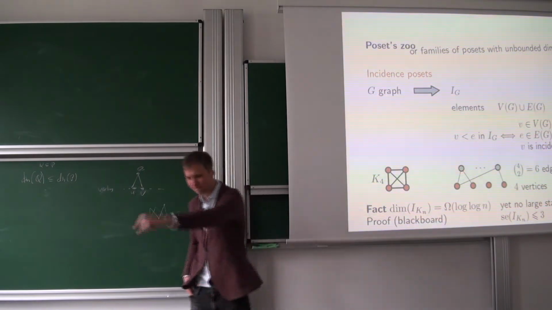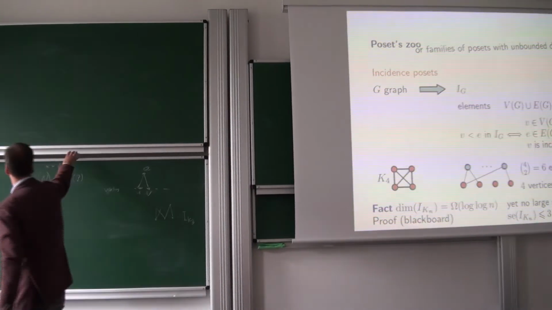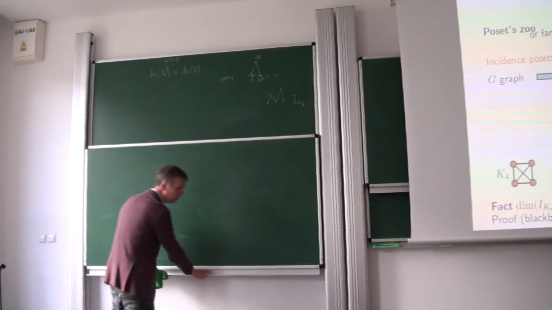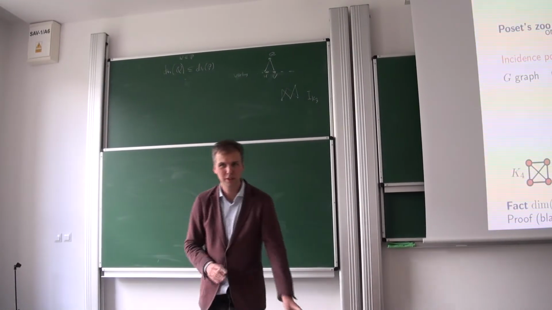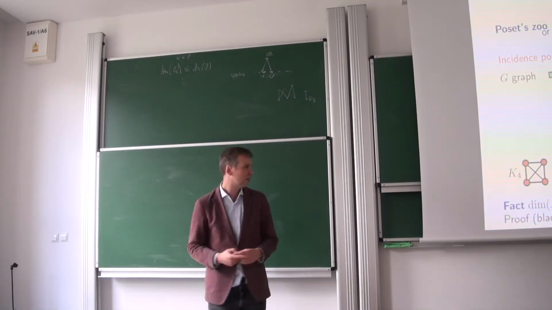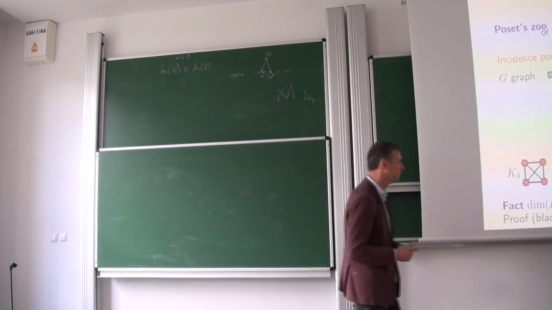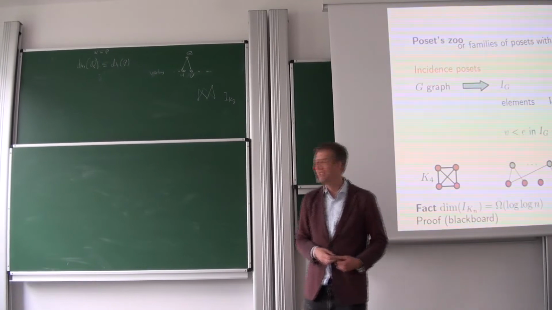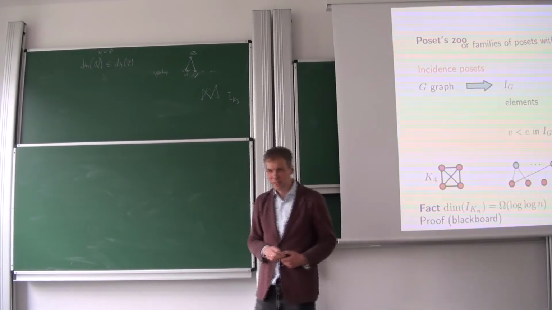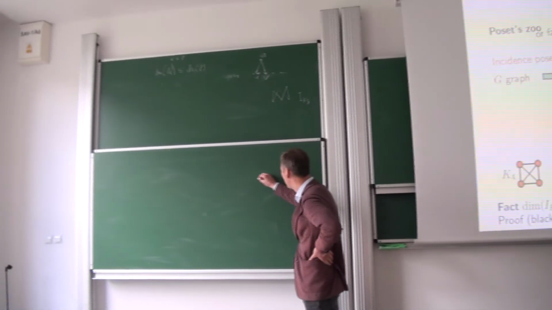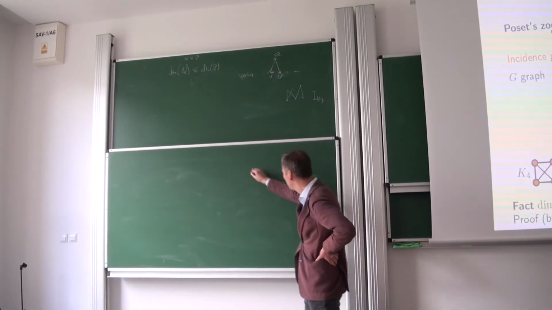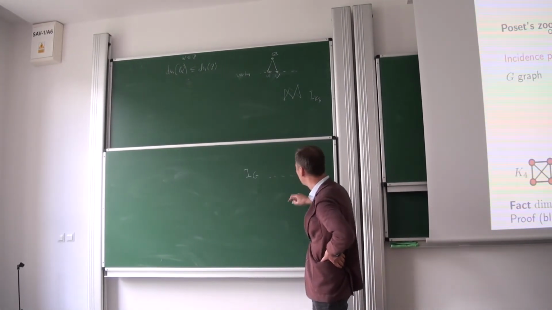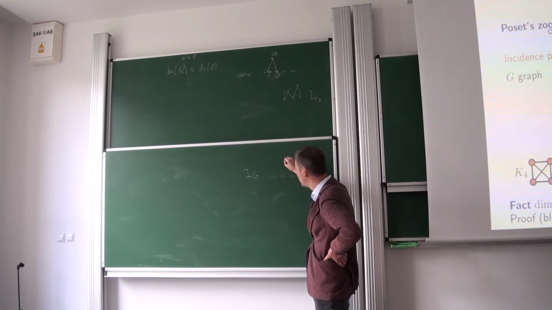Proof. How do we argue? We need a different argument. Which one are you arguing, the no standard examples or the log n? I just finished the argument for no standard examples. Look, if you have IG, how do the vertices at the top look? They have degree 2.